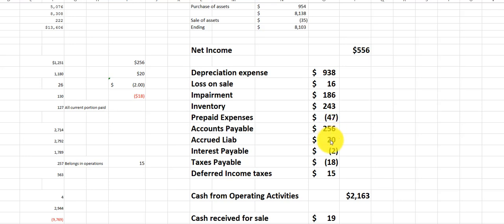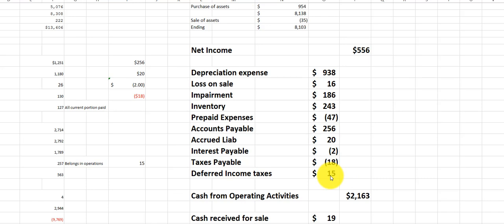We look at our current liabilities, and we go down, we do interest, all of these differences, with an increase in accounts payable being added to cash, because that's bills you do not have to pay, and decreases meaning that you pay more, and so therefore cash goes down.